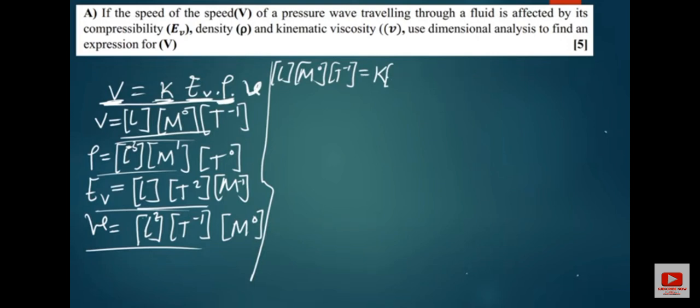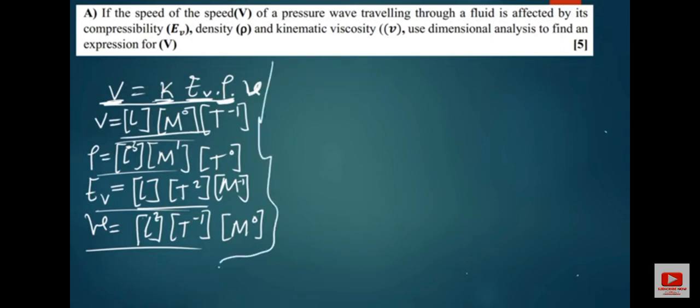I'll do the same on this side so that we can have enough space, because if I draw a lot of brackets here, I'll fail to cover everything on the same board. All right, so for velocity, I'm going to have L, then M0, and T -1.